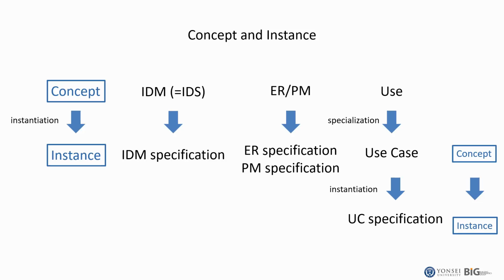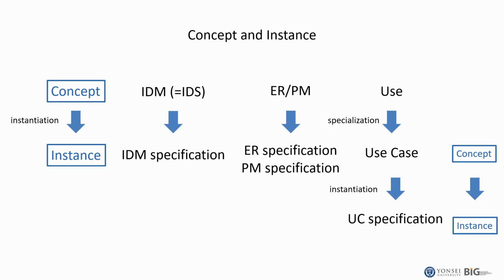So are we using 4D modeling for complex sequence coordination? Then that is a use case of 4D modeling. Or if we are using 4D modeling for schedule management, then that's another use case of 4D modeling. So we viewed use case as a specialization of use.